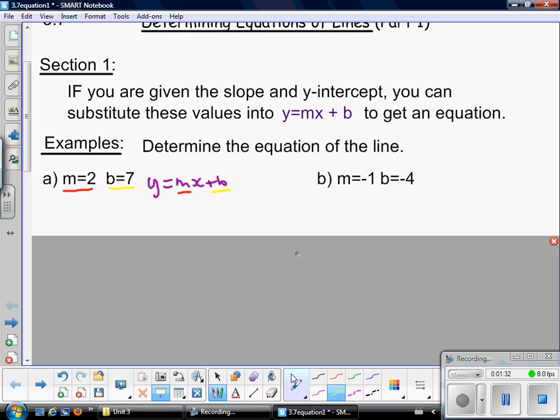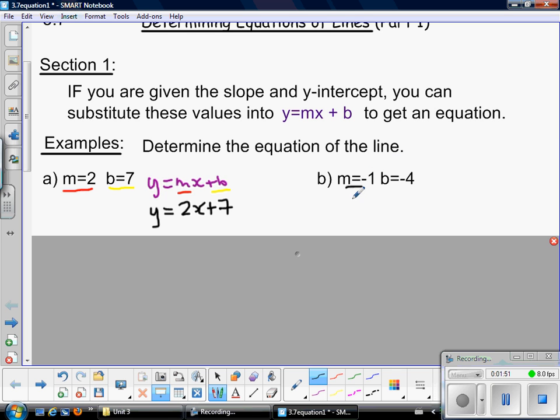It's that simple. So we end up having y equals, and our slope is 2. We put down our x, and our b value is a positive 7. And you are then finished. It's that simple.